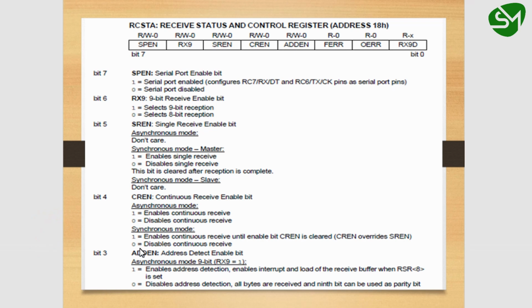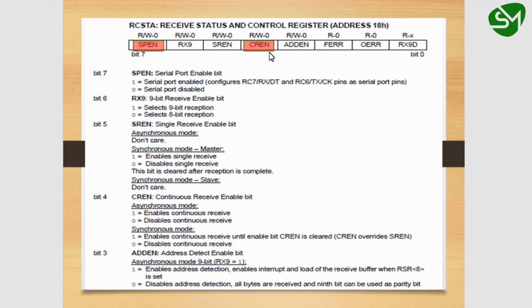And the next register is RCSTA, that is the receive status and control register. In this register we are going to set SPEN, the serial port enable bit. Only if this bit is set will the RC7 and RC6 pins of the microcontroller be allocated the alternate functions TX and RX. So we set this bit, and then we enable CREN, the continuous receive enable bit.